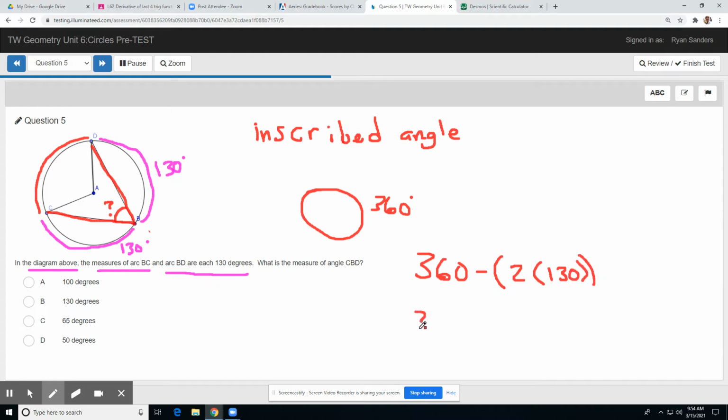Okay. So that's our 360 minus 260, which is equal to 100. These are in degrees. So I've now found this last arc to be 100 degrees. Inscribed angle is either double or half.